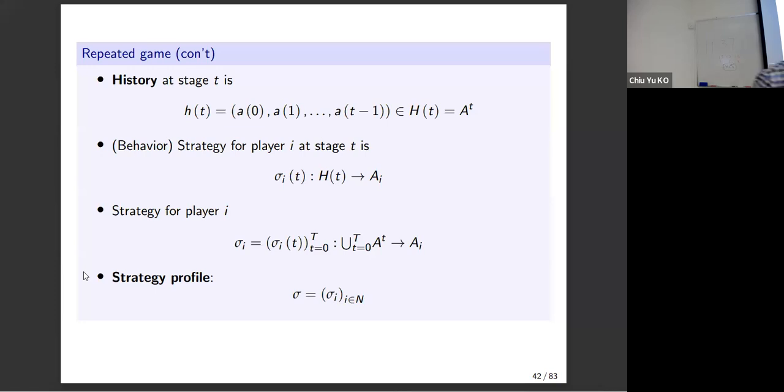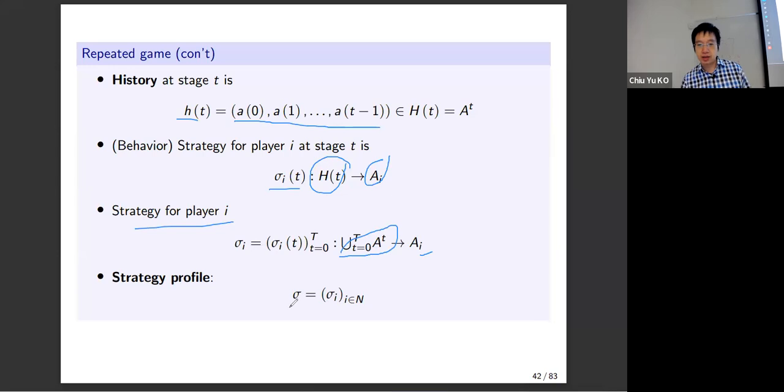History comes from what has been done in the past, everyone's choice. Strategy depends on what has been chosen by everyone. And the strategy profile is everyone's choice. I don't think you would actually write this thing out, but that is just formality.